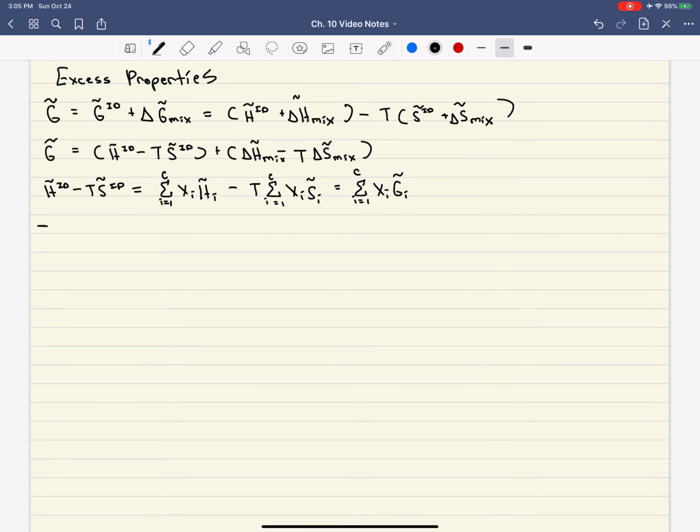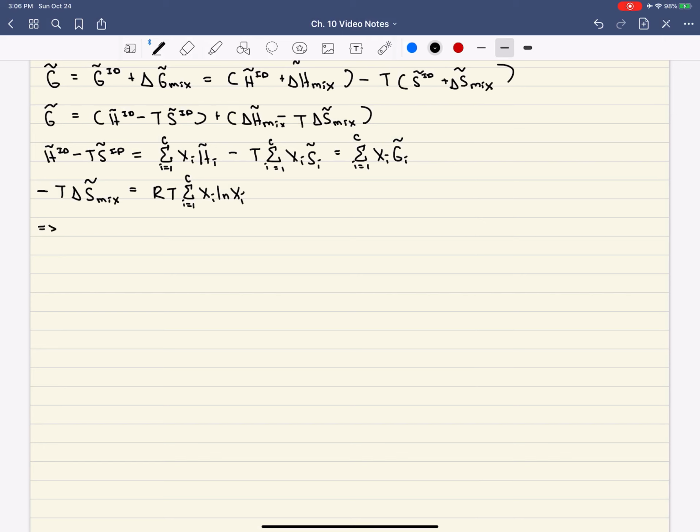Now for this minus T delta S mix, in Chapter 8 we saw that this delta S mix term was just equal to RT times the summation of xi ln of xi.